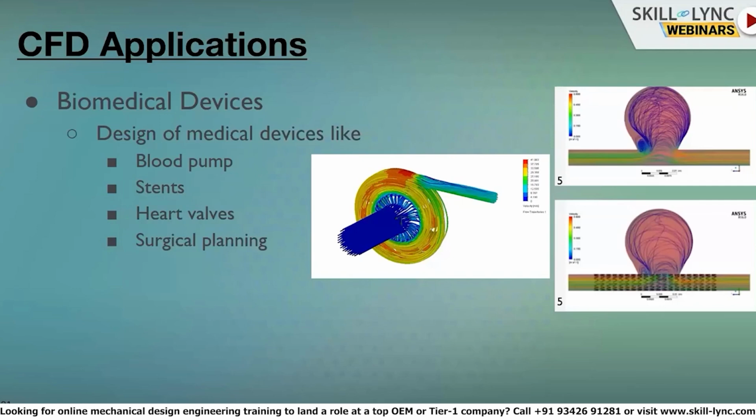And that creates a very big challenge for the design of these kinds of devices. So those are the applications, and prediction of aneurysms. Somebody will have a cerebral aneurysm. Aneurysm is nothing but, suppose we have a blood vessel, and over a period of time there will be a bulging, as you can see in this figure.